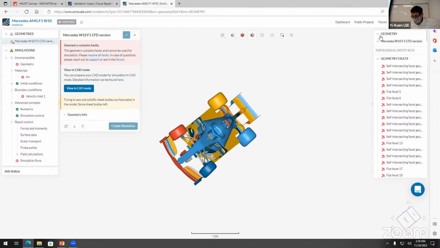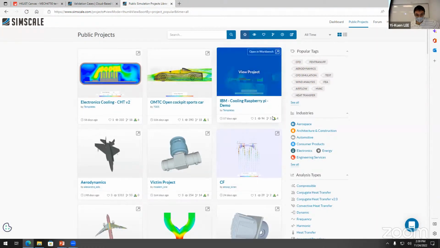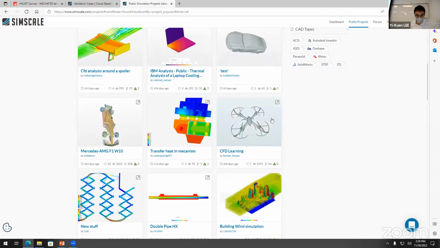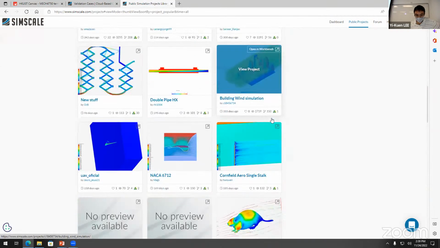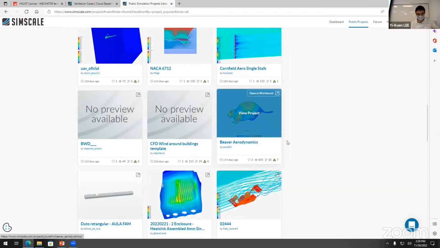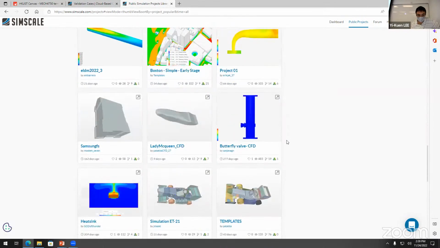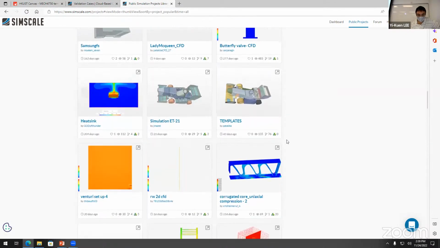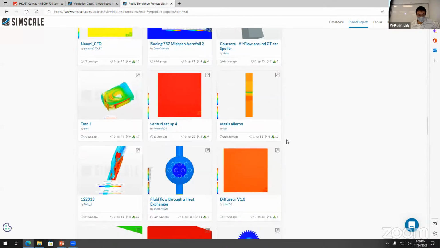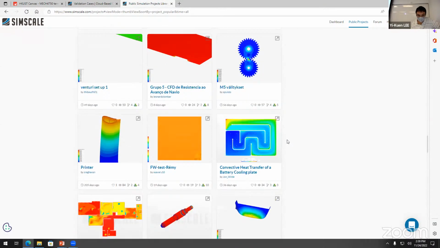Okay, so you see here they do have so many different kinds of models that people create and share with you.